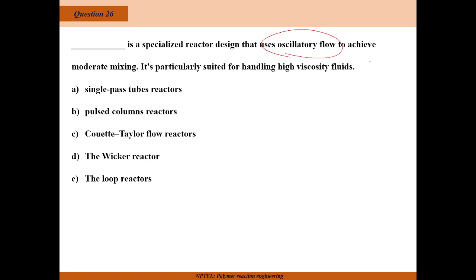It uses oscillatory flow to achieve moderate mixing. It's particularly suited for handling high viscosity fluids. The oscillatory flow means there will be a to and fro flow in the reactor, which will give you moderate mixing. So which one will give you such a flow?